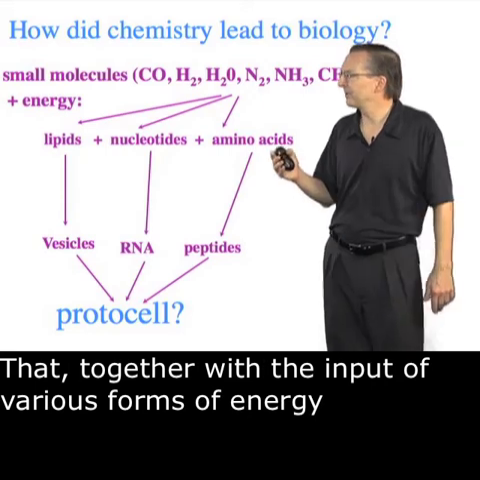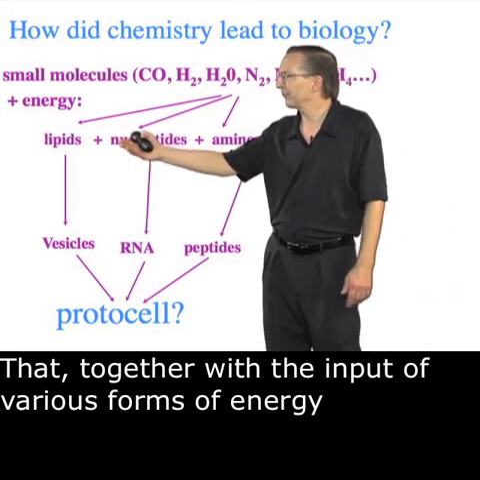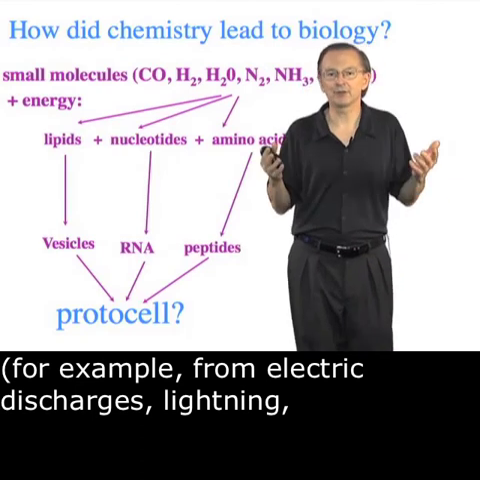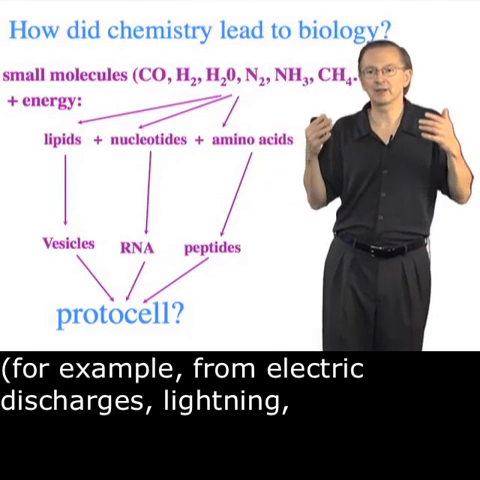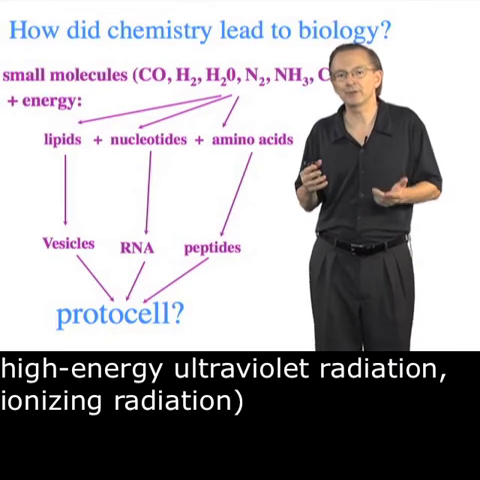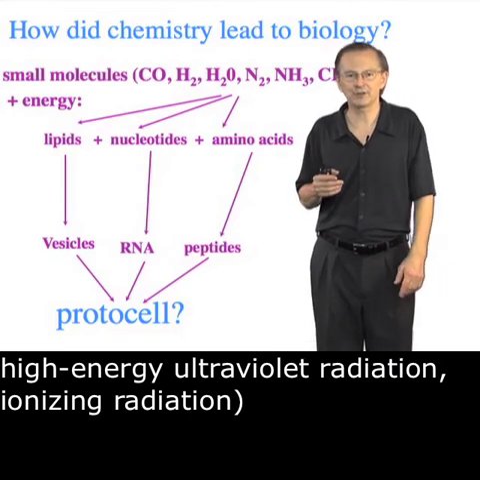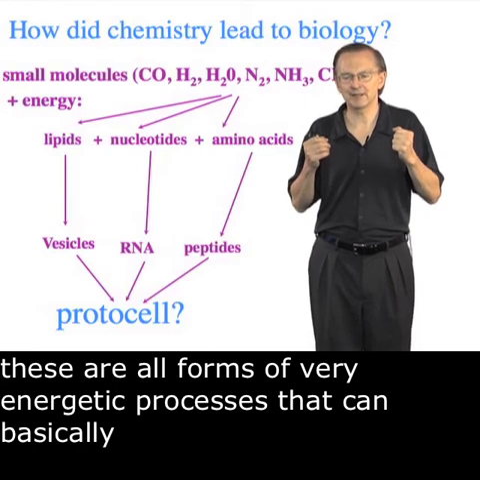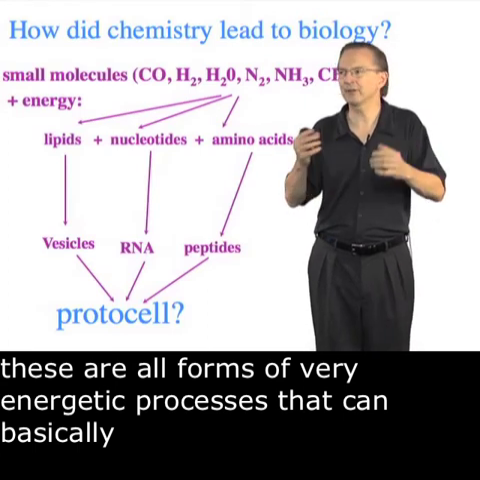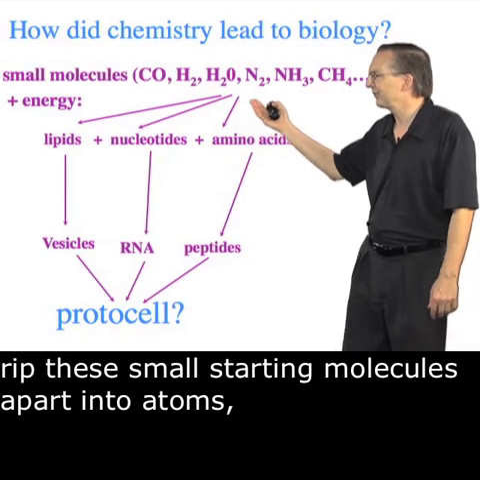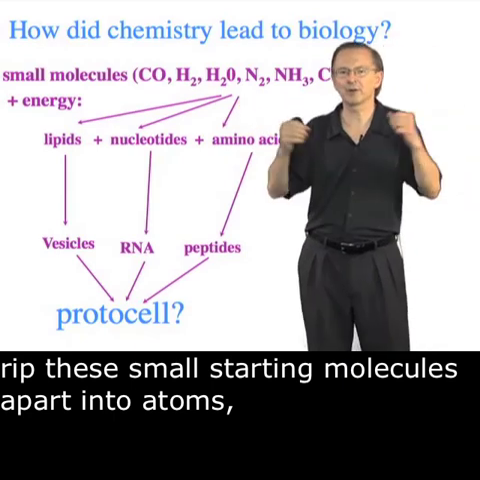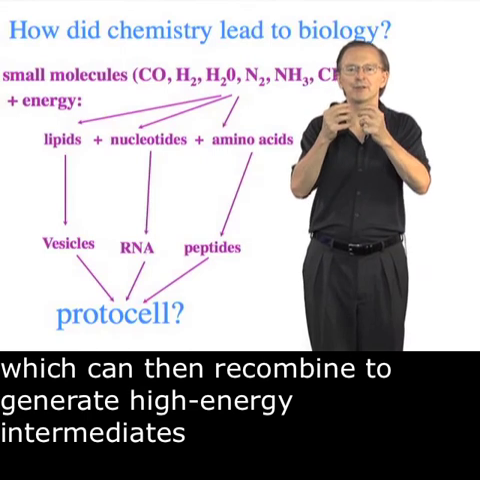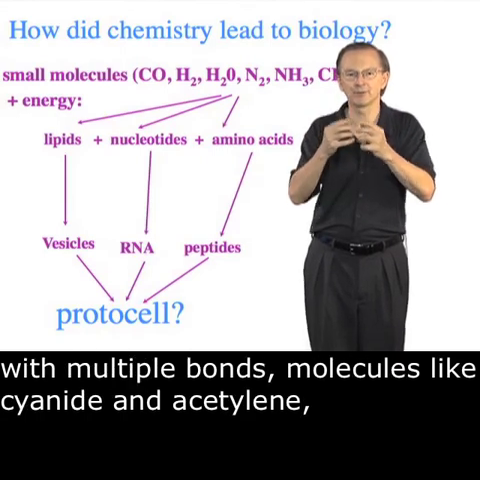That, together with the input of various forms of energy, for example, from electric discharges, lightning, high energy ultraviolet radiation, ionizing radiation. These are all forms of very energetic processes that can basically rip these small starting molecules apart into atoms, which can then recombine to generate high energy intermediates with multiple bonds.